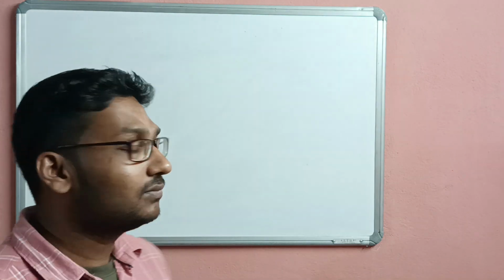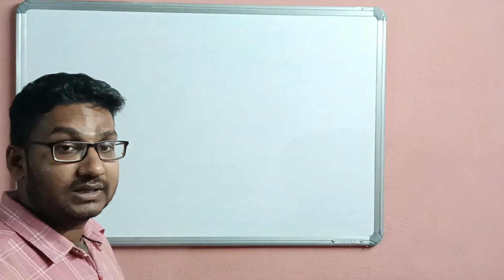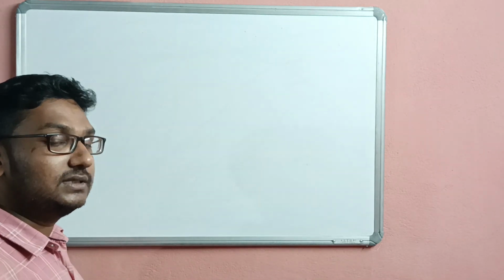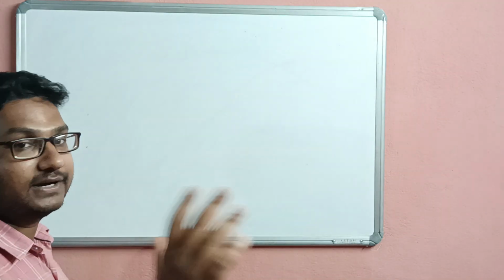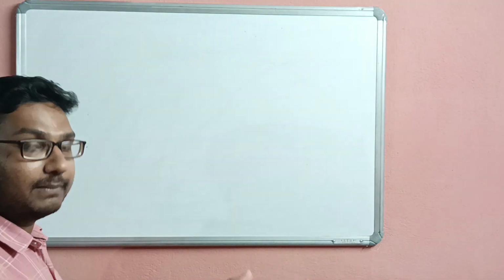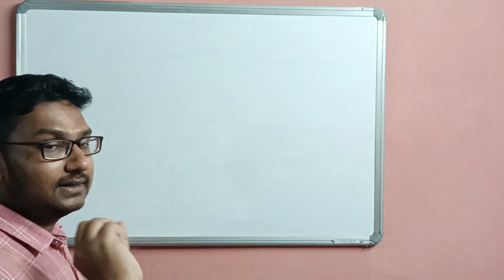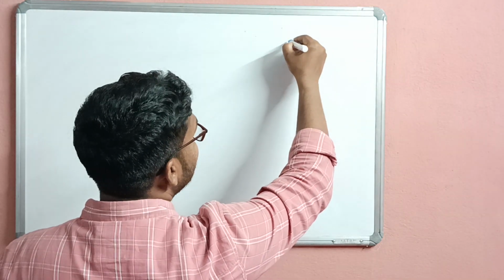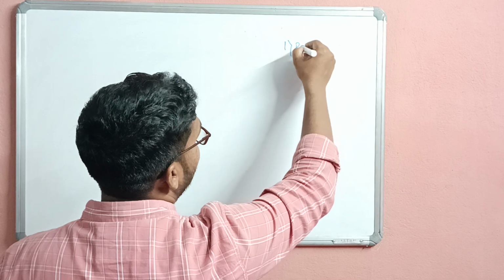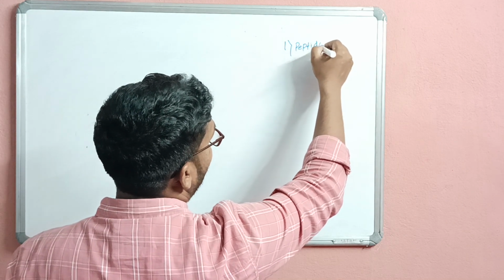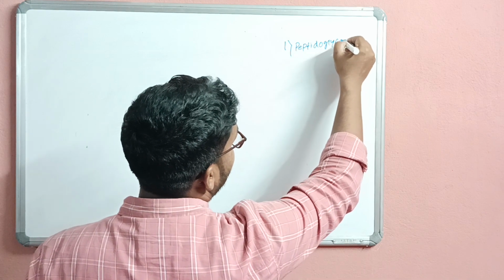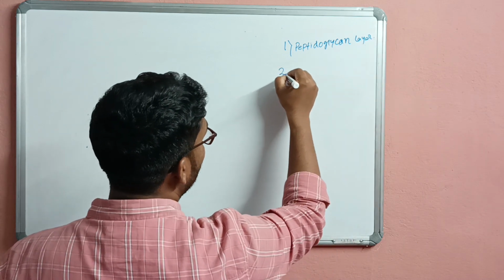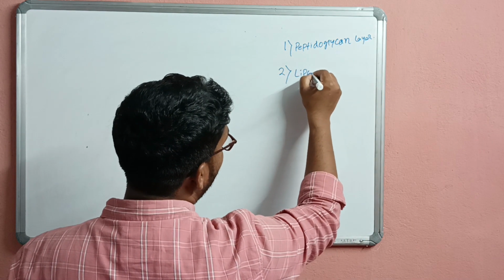Now, if we look at the gram-negative bacterial cell wall, it is divided into mainly 4 different parts, and these are also subdivided further. One is the peptidoglycan layer. Number 2, lipoprotein.